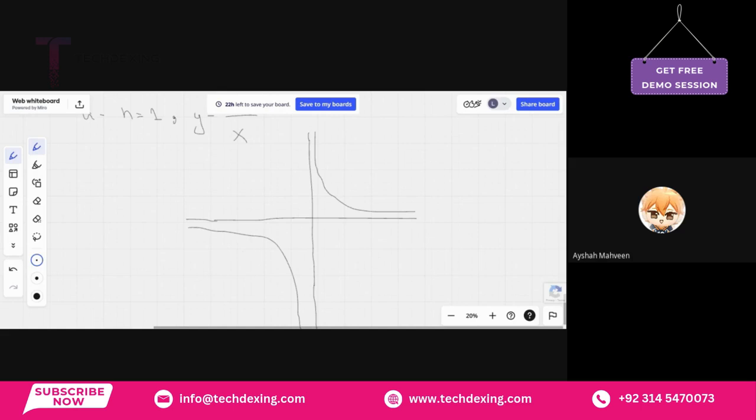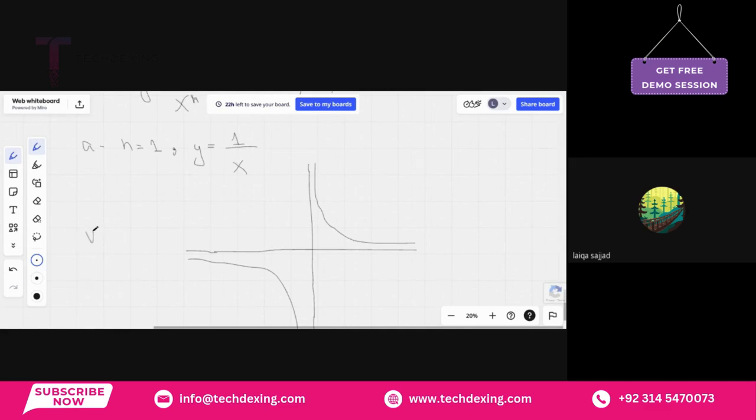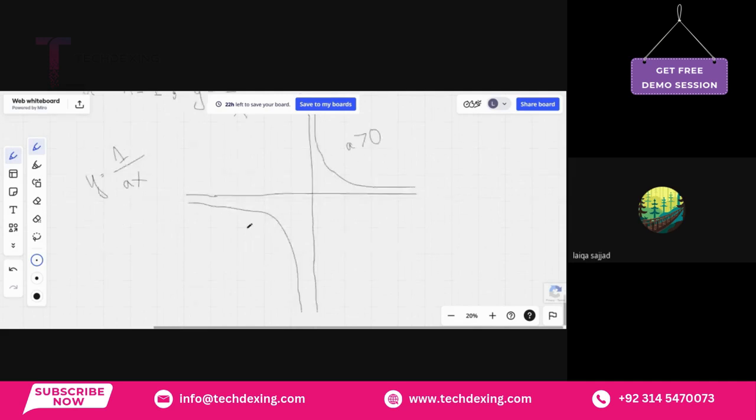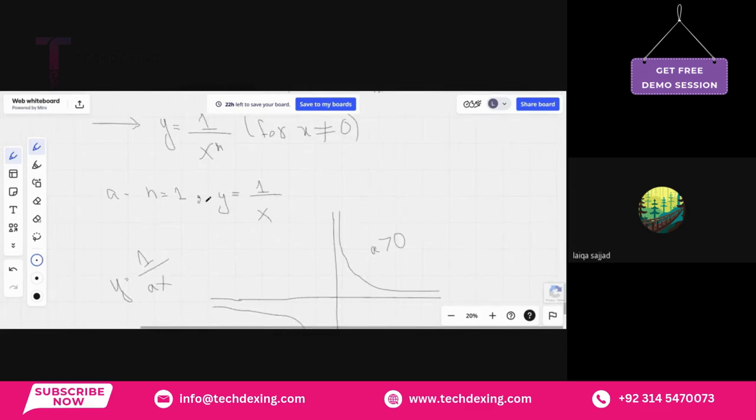If the coefficient is positive, for example y equals 1 divided by ax, any coefficient written with the variable x, you will get this figure. And if it is negative, we will get this graph. This is when the power of the variable is 1.